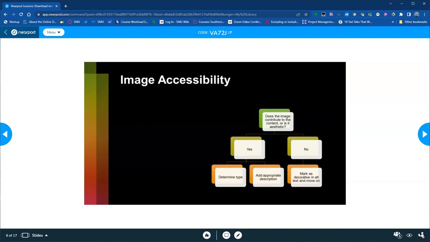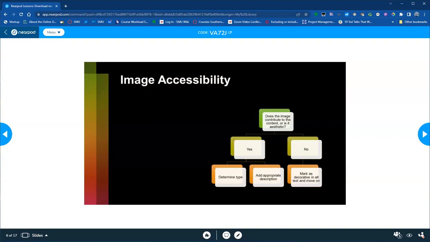Is it there because it's colorful, because it's funny, because it somewhat thematically relates to the slide, but it really isn't conveying information? And if the answer is yes, the image contributes to the content, that's what this talk is about. Then we need to figure out what kind of image it is and what would be the appropriate description for that kind of image.